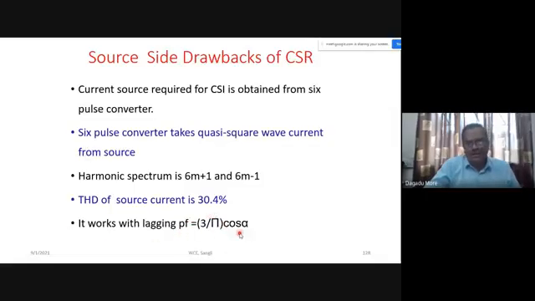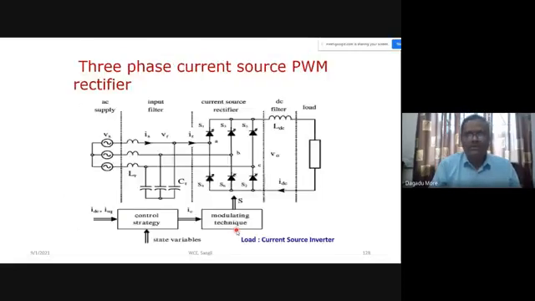Now we require a DC current source, because AC is converted into DC current to power the current source inverter, and for that we are going for a 3-phase current source PWM rectifier. We have already studied the voltage source PWM rectifier; now we are going for a current source PWM rectifier.